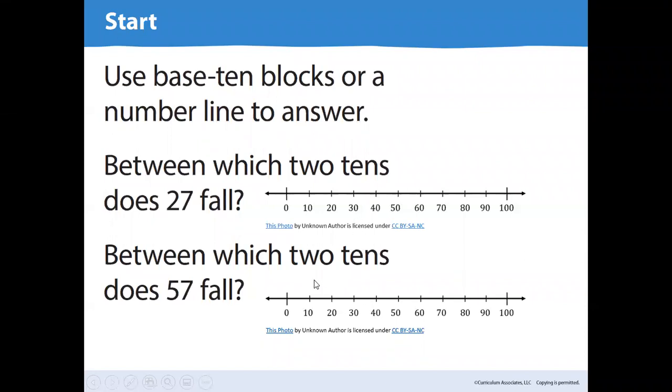When we round 57, 57 being closer to 60 than 50, 57 will be rounded up to 60. We're going to use this review to help us begin this lesson.